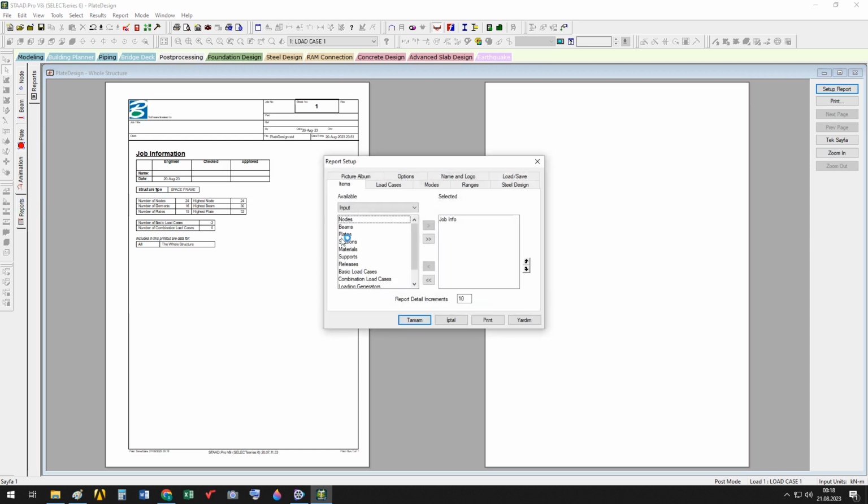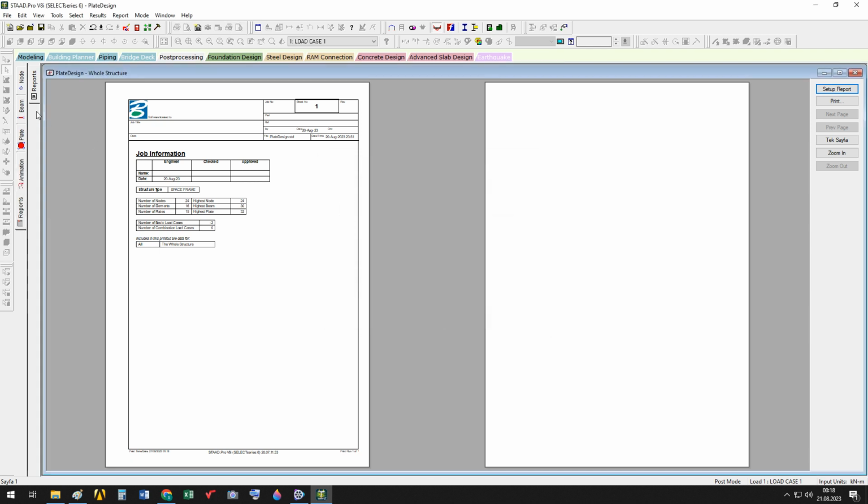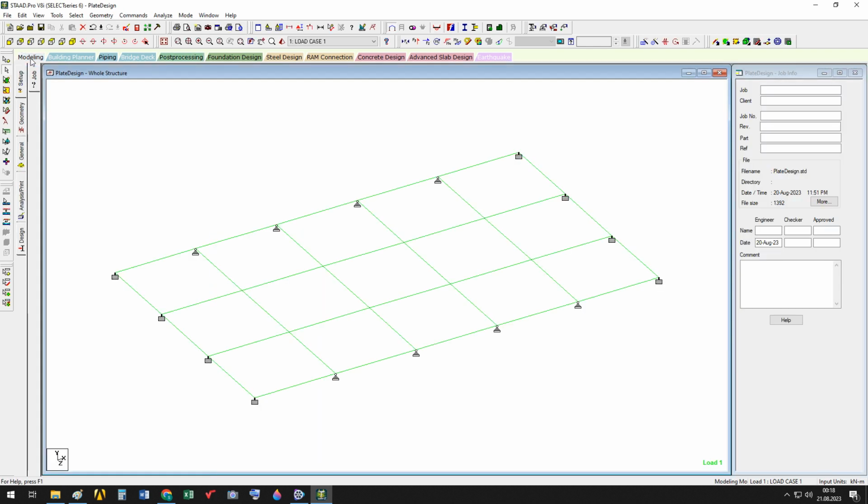And we can obtain the result reports also from here. To obtain results I have shown before. I will not do it now for plate element. Let's say cancel. And in the model page, let's continue it.